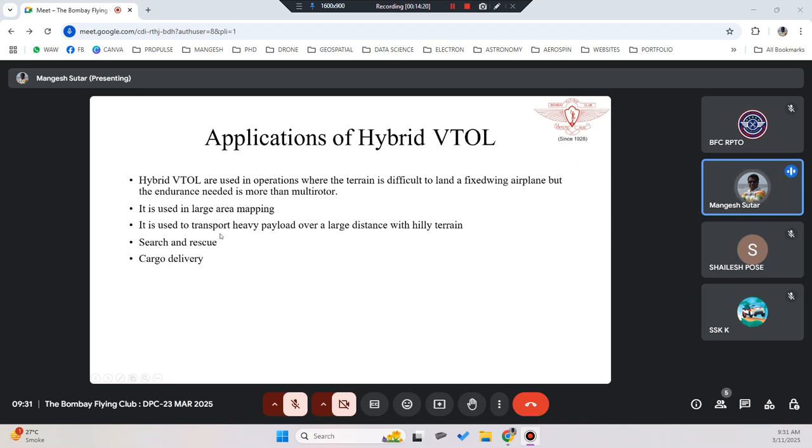They are used to transport heavy payloads over large distances with hilly terrains. Mostly in hilly areas, these hybrid VTOLs have come into usage. That's what we have seen. They also helped during search and rescue operations in hilly terrains and other things. Again, they are used for cargo deliveries also.